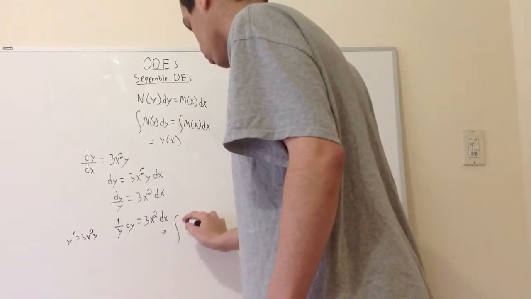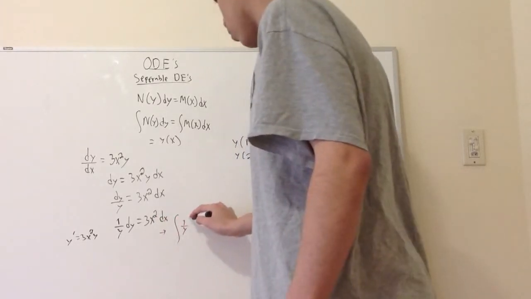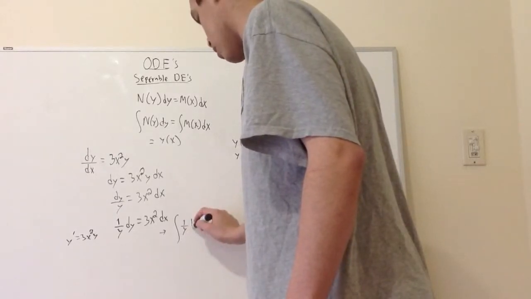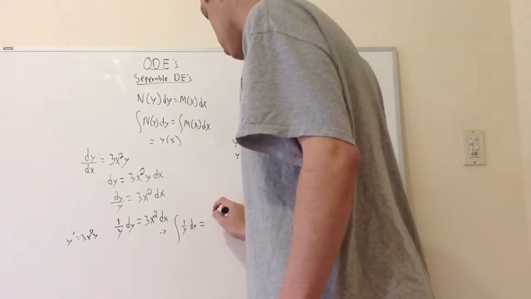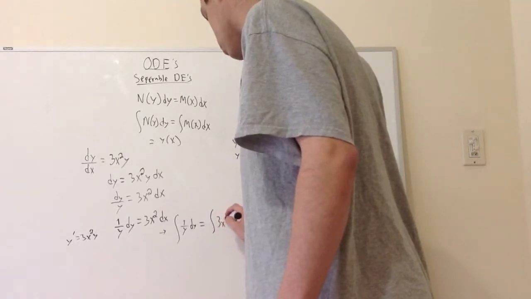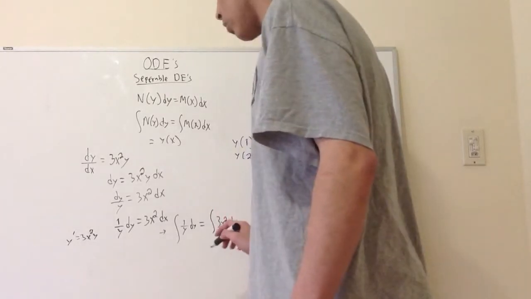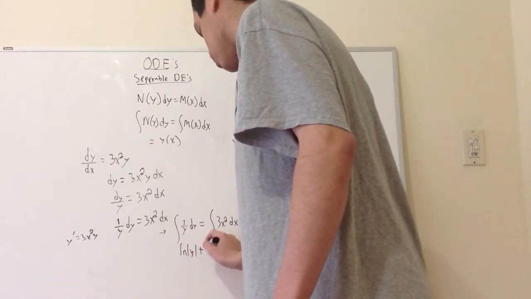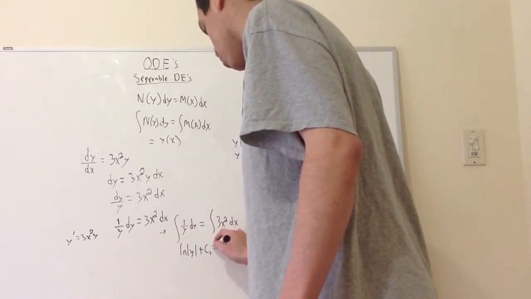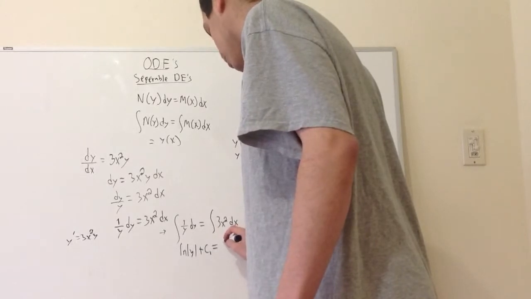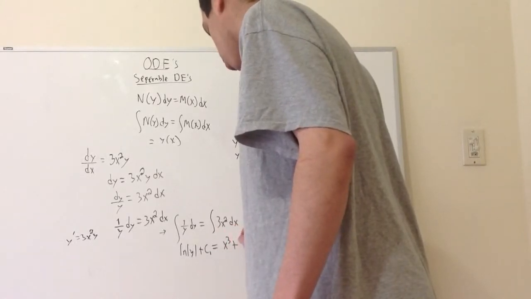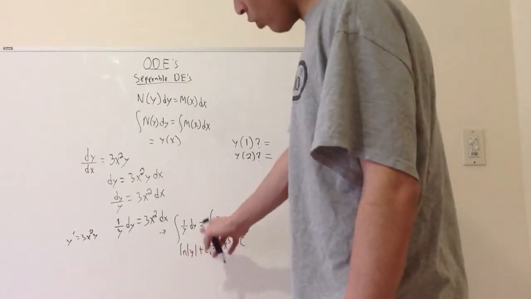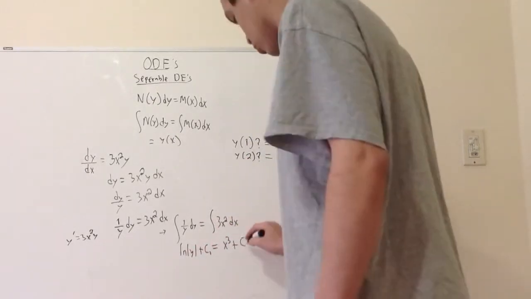And so what you can do is take the integral of 1 over y dy equals the integral of 3x squared dx. Now this is the natural log of the absolute value of y plus some arbitrary constant, we'll call it c1, and this becomes x cubed plus some arbitrary constant, c2.